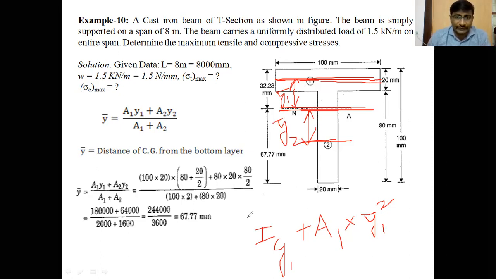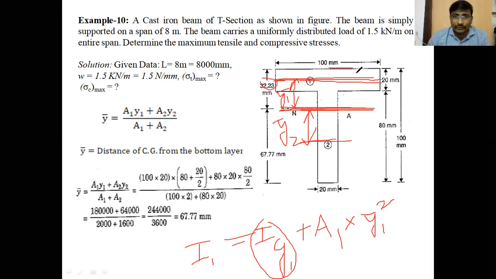Like this, you have to find the moment of inertia of the flange, that is the first area, about the neutral axis. The moment of inertia of the flange about its own CG is 100 into 20 cube by 12, because it is bd cube by 12, plus A1, which is 100 into 20, into the distance between these two. How to get this distance? The distance between the neutral axis and the topmost layer is 32.23.